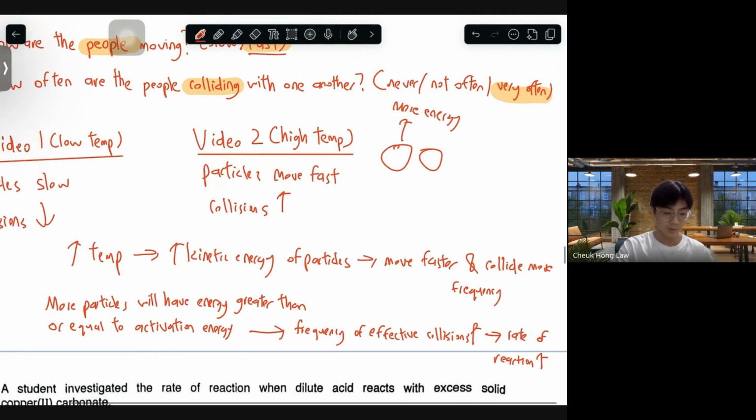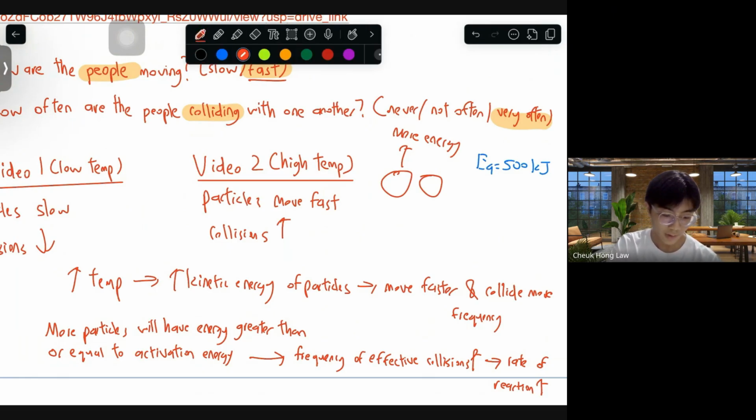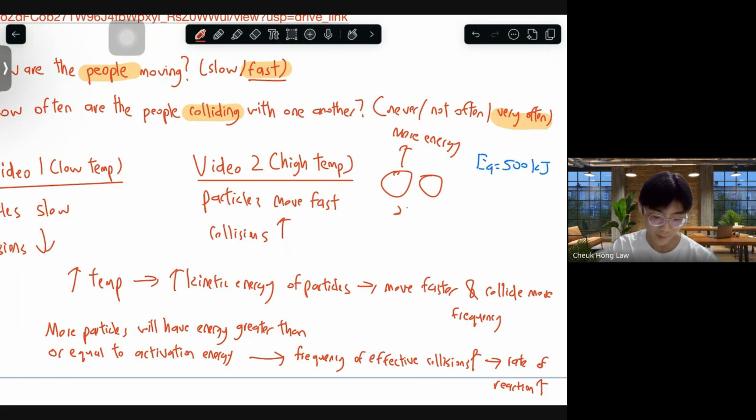If you're still not sure what this means, let me give you an example. Let's say the activation energy is 500 kilojoules. When the temperature was 25 degrees, I have 100 particles colliding at 400 kilojoules of energy.